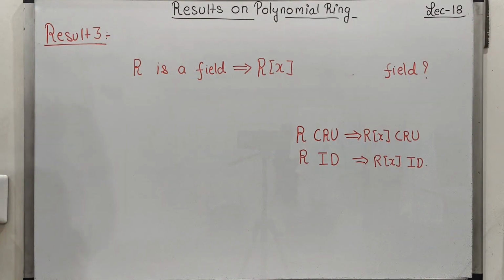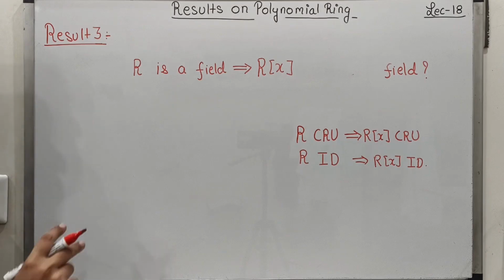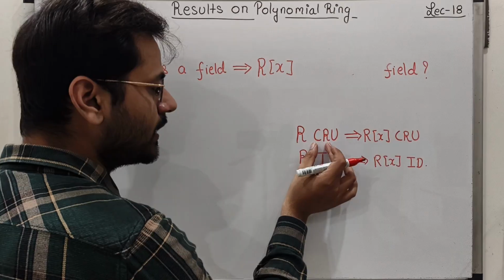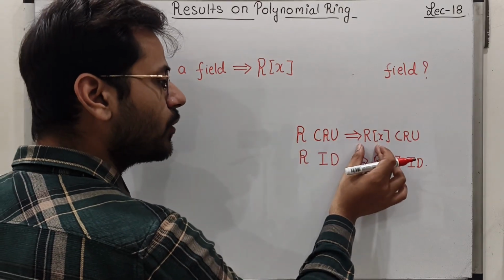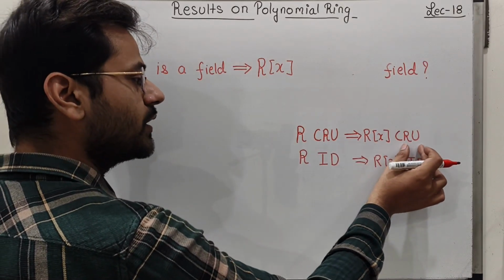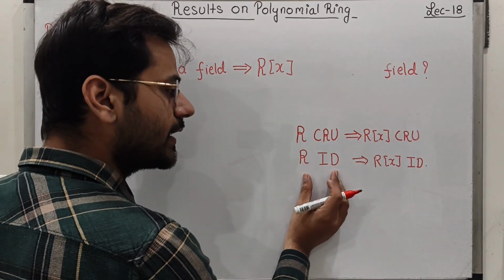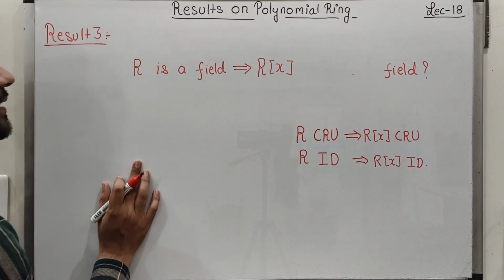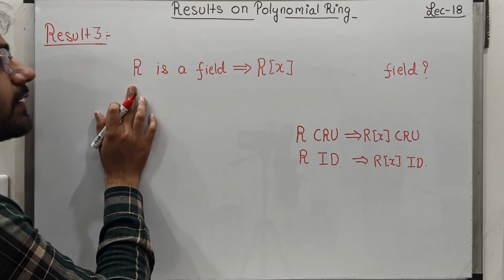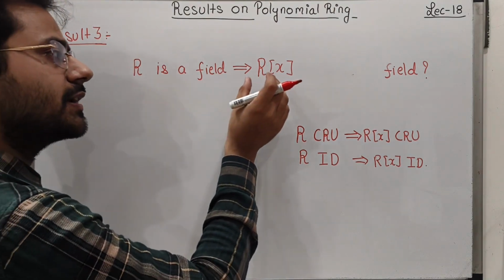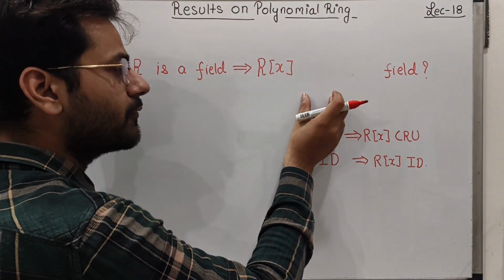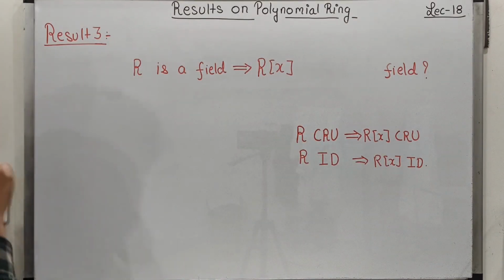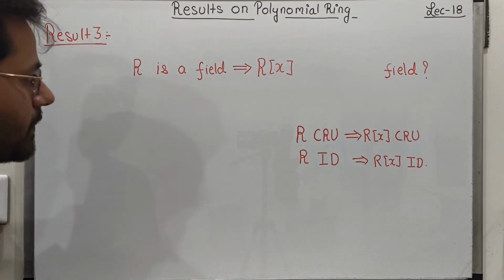This is the result we are going to learn, because we have seen that if commutative ring with unity is the parent ring, then the polynomial ring will also be a commutative ring with unity. If the parent ring is integral domain, then the polynomial ring will also be an integral domain. So result 3 discusses that if parent ring is a field, then whether polynomial ring will also be a field or not. So we are going to find the answer of it while proving with one counter example.